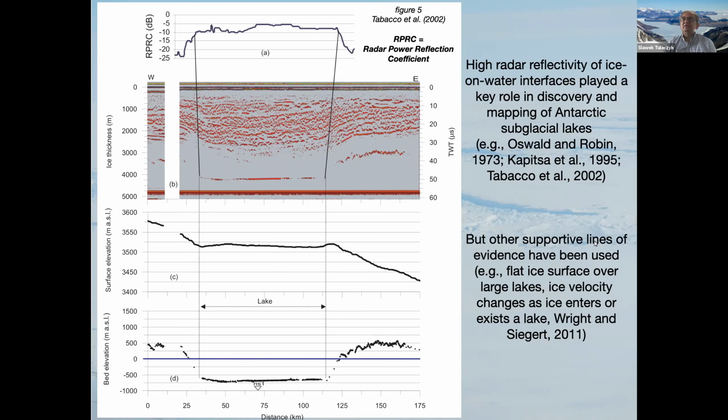This very nice figure is not from the earliest papers, which are listed to the right, like Oswald and Robin, but from a later paper by Tobacco, where they collected radar lines over Lake Vostok and have shown very nicely, as you can see in the top panel, that the radar power reflection coefficient increases significantly as you fly from being above the interface between ice and bed to the interface between ice and water.